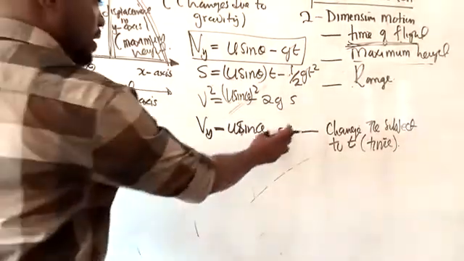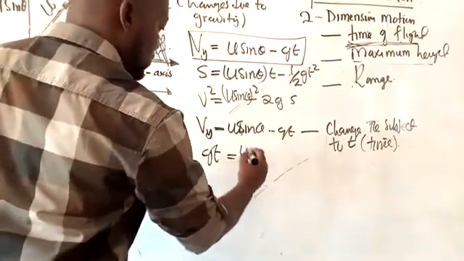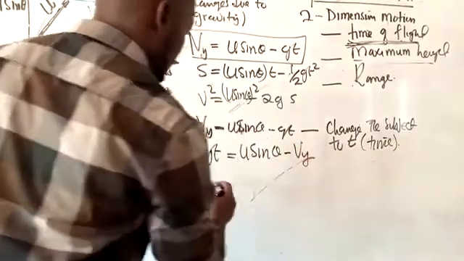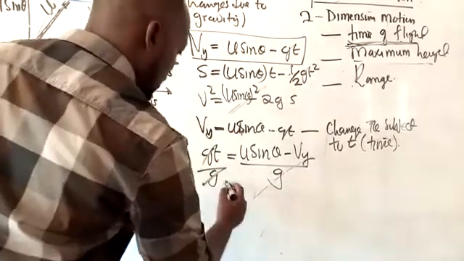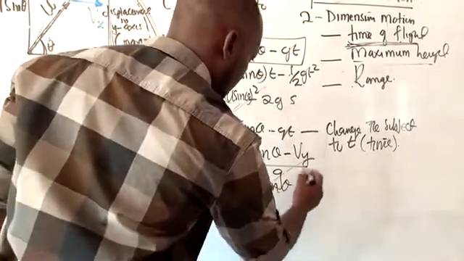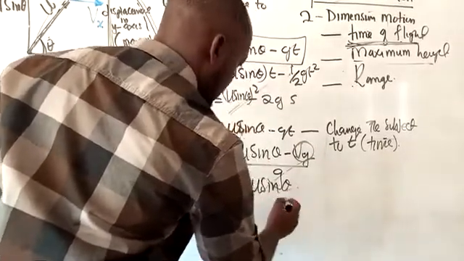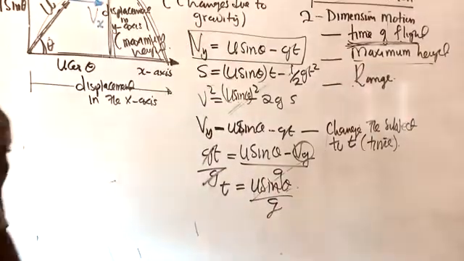So I'll take this to the other side: gt equals u sine theta minus Vy, then we divide, then we have t equals u sine theta. Vy is 0 because it's at maximum height, so we just ignore it, divide by g.